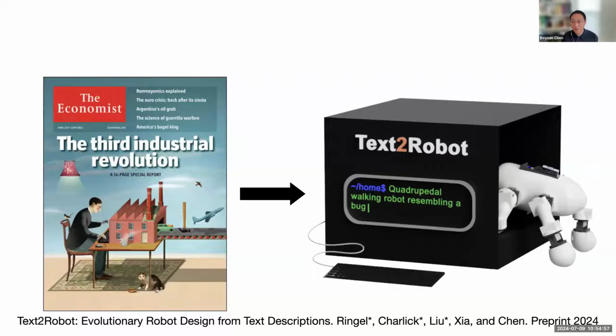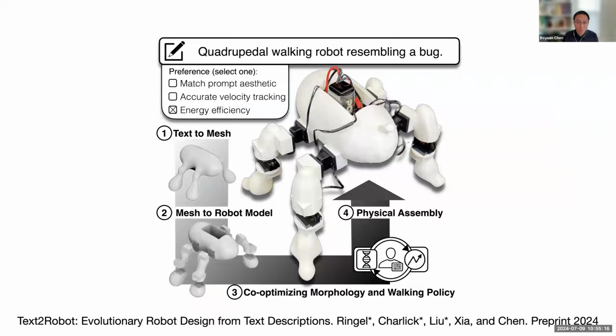The only human effort would be the initial prompts about what you want a robot to look like, for example the aesthetics, and what performance you care about. Do you care more about energy usage, or more about optimizing walking performance, say, tracking a velocity among different directions? We call this framework text robots, and it has a few steps.